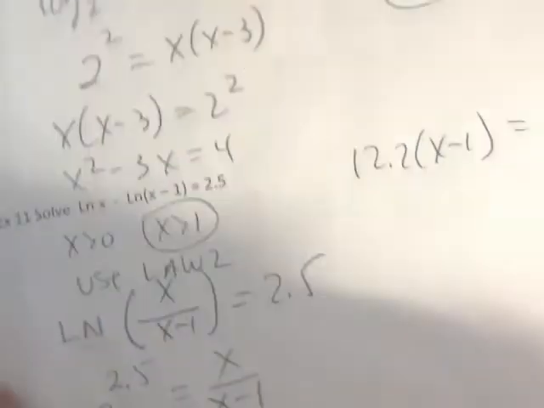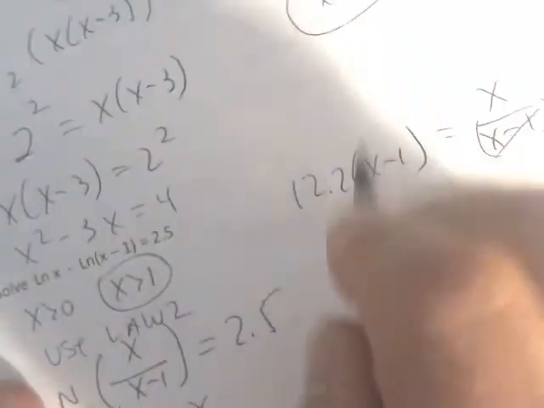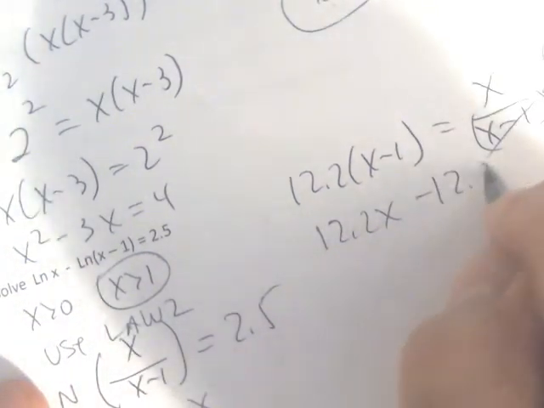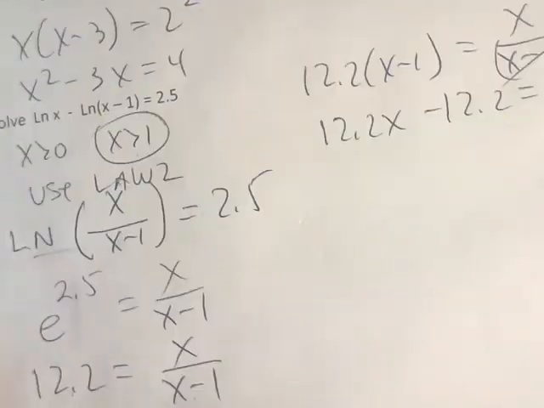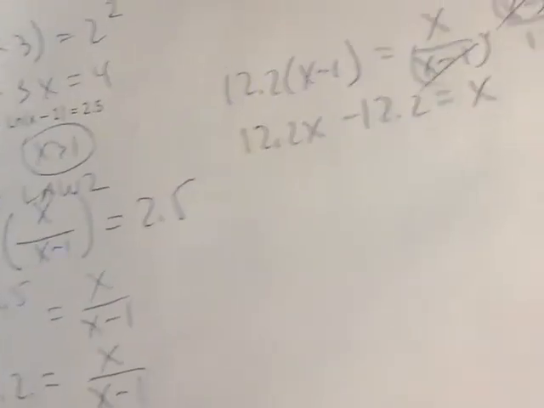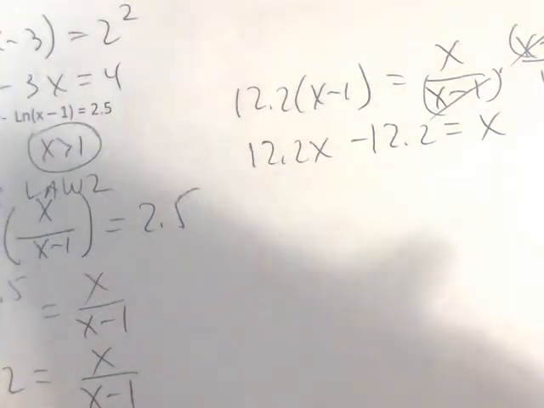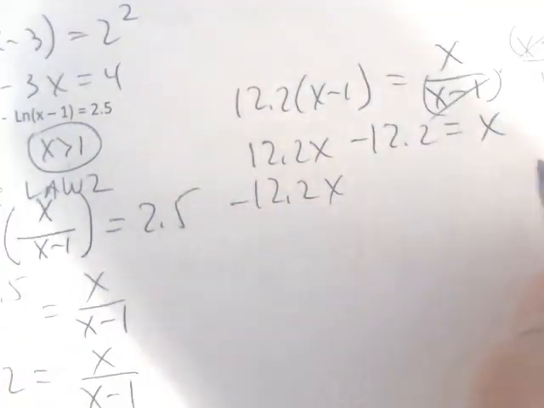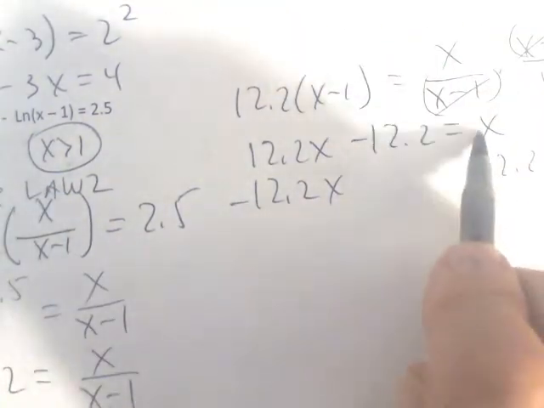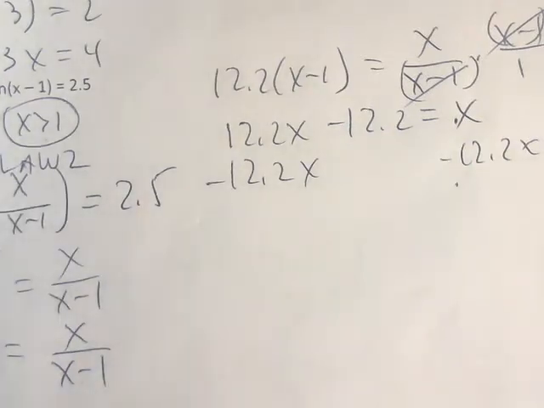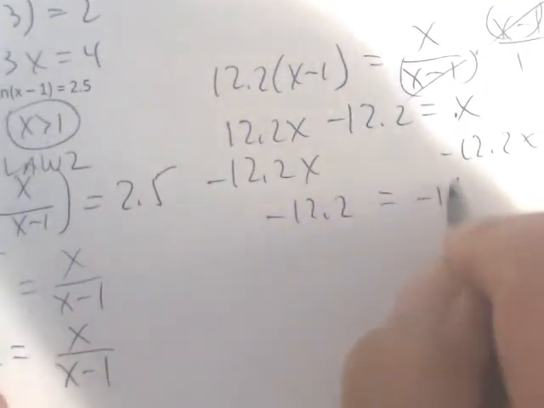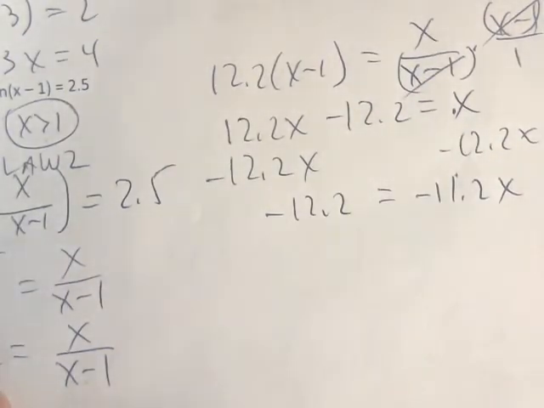Okay, so that clears the x minus 1s there. So what I have is 12.2x minus 12.2 equals just x. Need to get my x's on one side. So don't let this intimidate you, because this is just 1 minus 12.2. Just put it in your calculator. And I get negative 12.2 equals negative 11.2x.